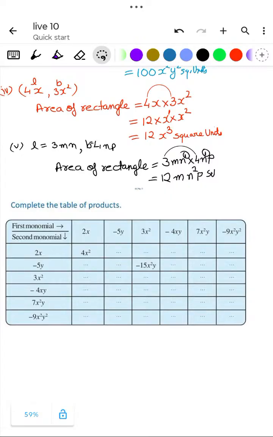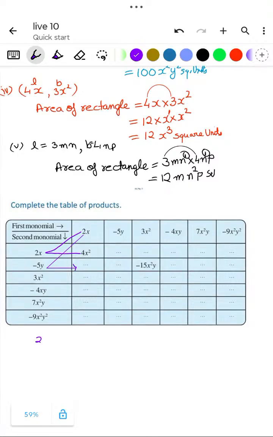So let's start. The first answer is given. Now if we multiply 2x with minus 5y, the answer will be written here.